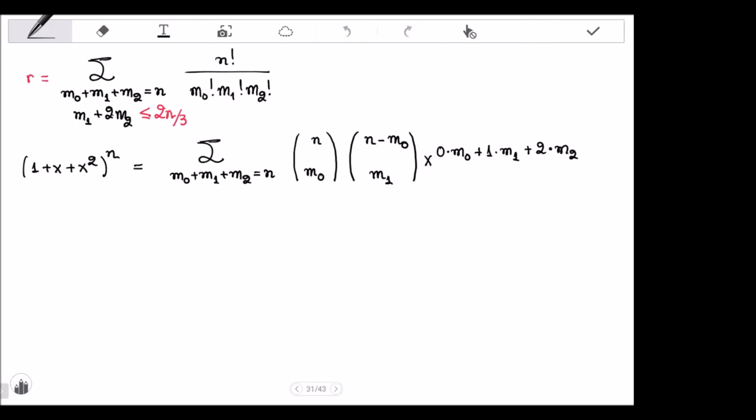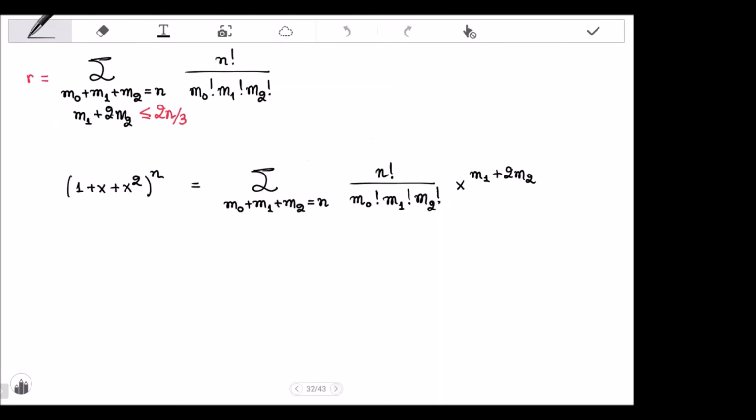And now I write out the multinomial theorem that says if you have n brackets, you have to pick x to the 0 from n0 brackets, x to the 1 from n1 brackets, and x squared from the other brackets to construct all your powers. And this coefficient was exactly this. We saw it earlier. So here in the multinomial theorem, we don't have a further restriction other than this. In any case, these are very connected.